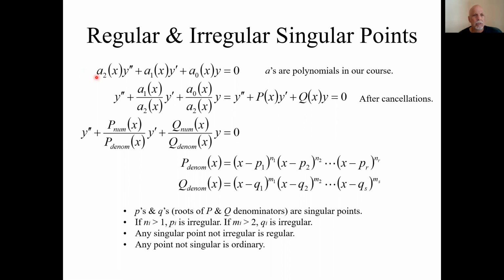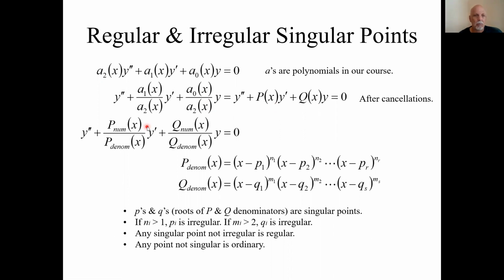So we review this. This is the type of differential equation we're solving. Here it is in standard form. We talked about that before. And these P's and Q's, after any cancellations, will be, for us, ratios of polynomials over polynomials.